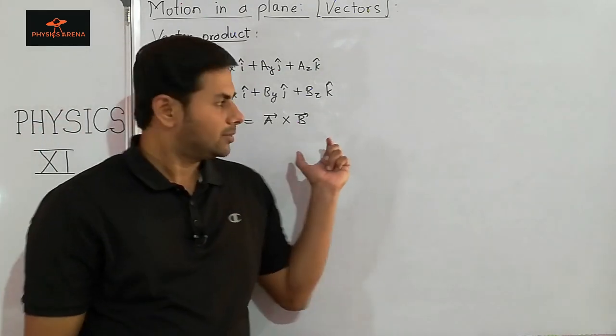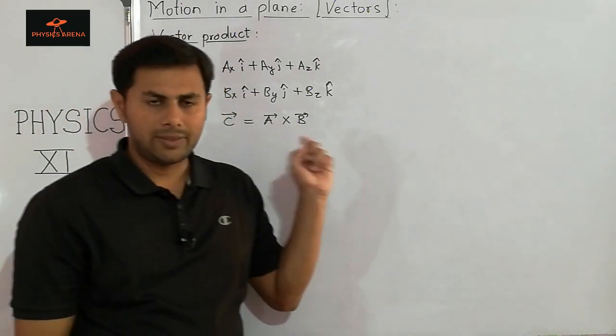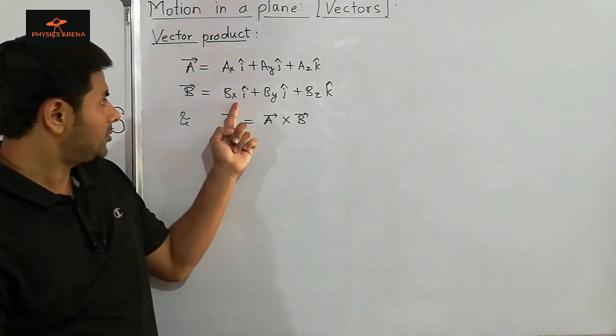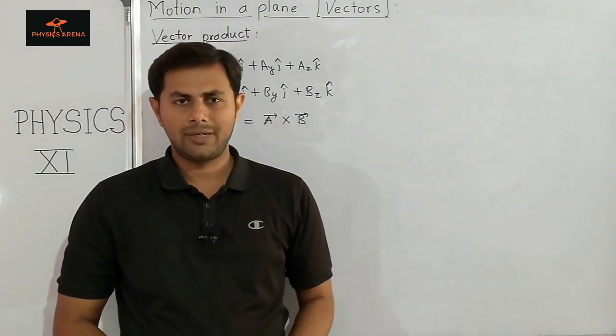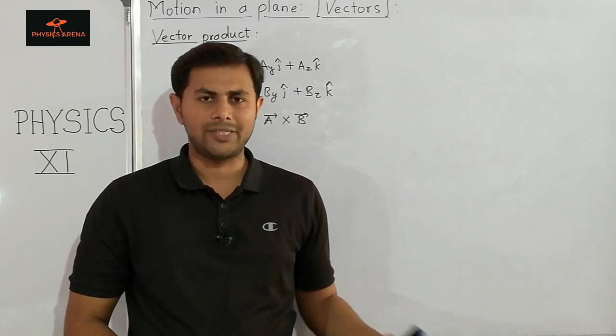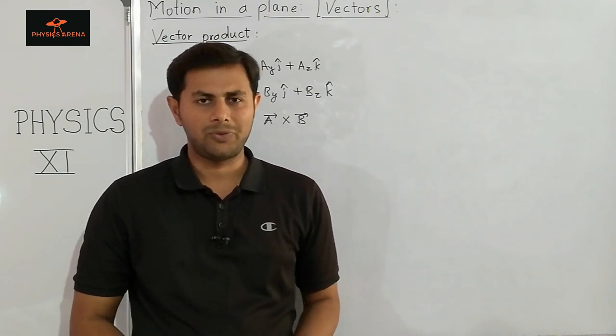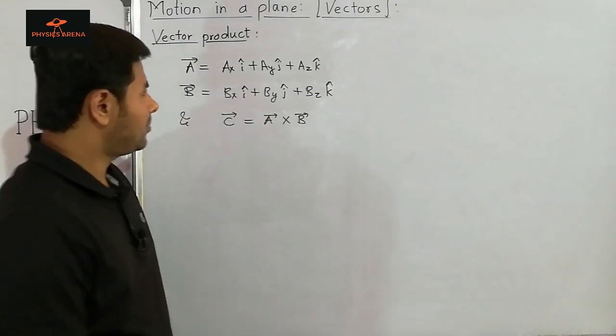Now we have to find expression for C bar, that is we have to multiply out A bar and B bar. So before that, let's find the vector product of unit vectors so that this multiplication will become easy.